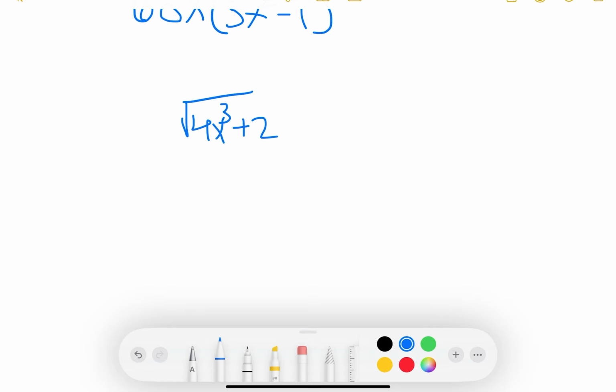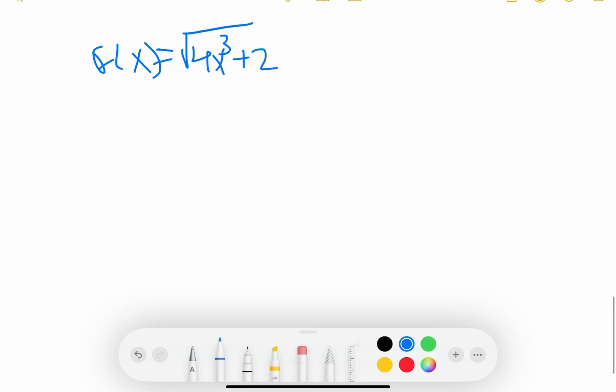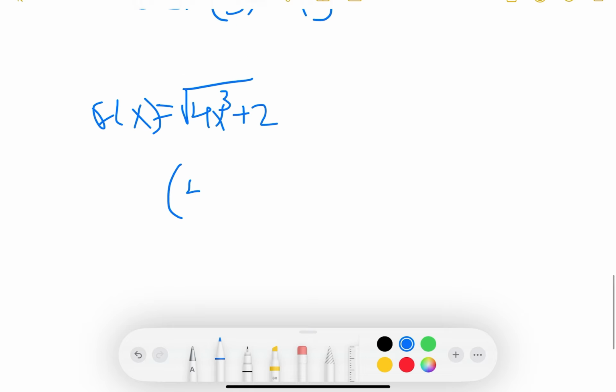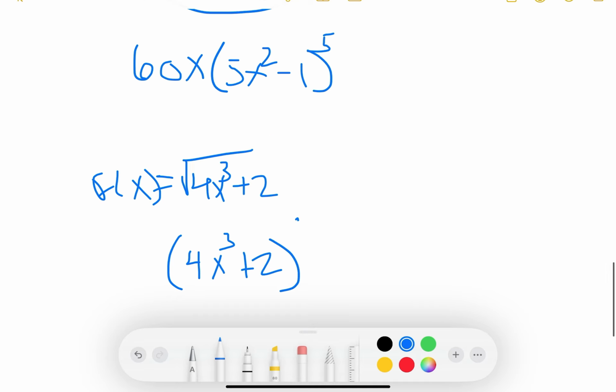There's always going to be a power because you're always rewriting. This can always be reversed because remember, when we did it previously, we had it to 1/2. So you do parentheses 4x to the third plus 2, and then the square root is just the power of 1/2.